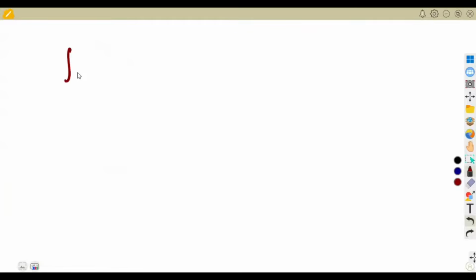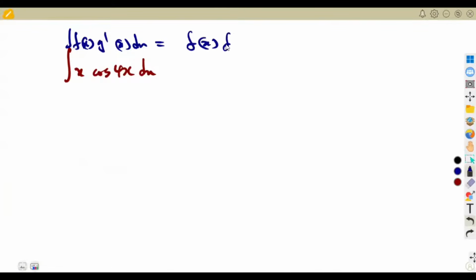So the integral of x cos 4x with respect to x, from our by parts formula, is supposed to be: the integral of f(x) g'(x) dx is equal to f(x) g(x) minus the integral of f'(x) g(x) dx.